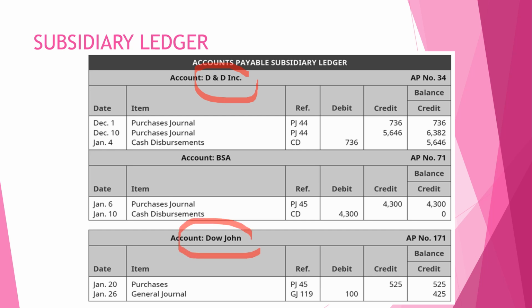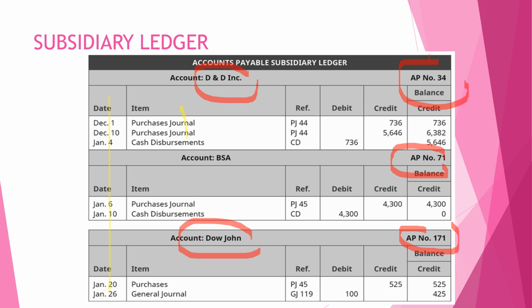The vendor number is an assigned number for each vendor as reference in keeping the records of a supplier. Then the date column identifies when the transaction happened. The description column describes the nature of the transaction.